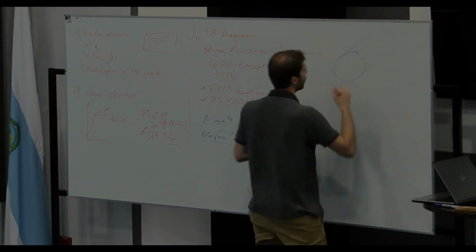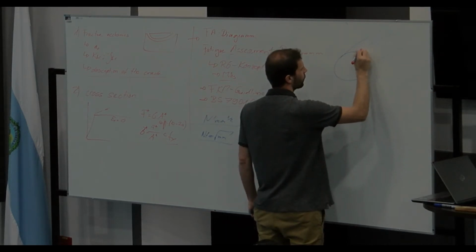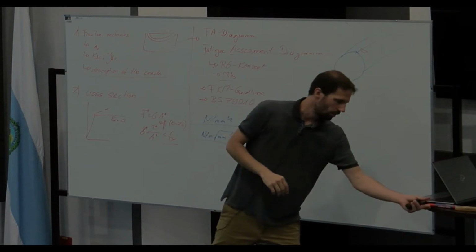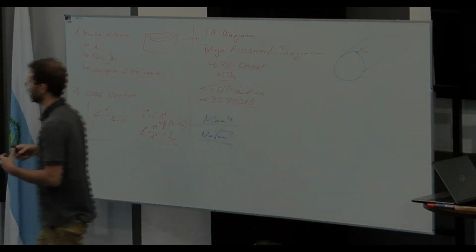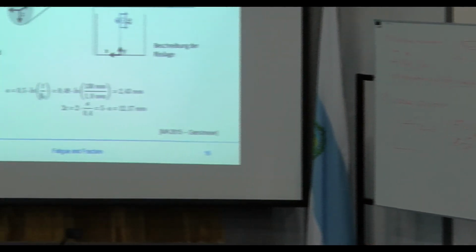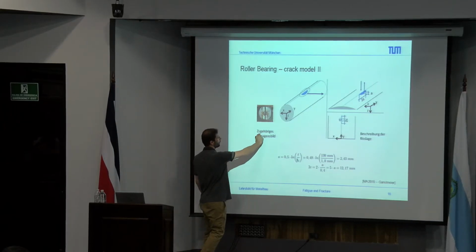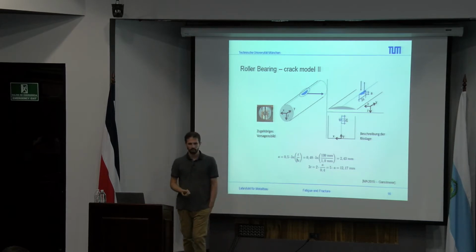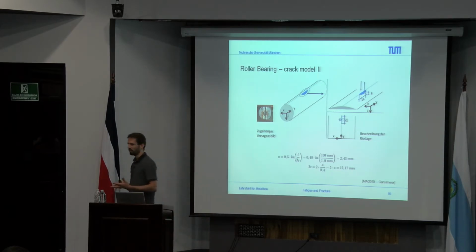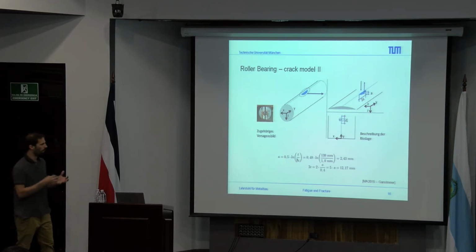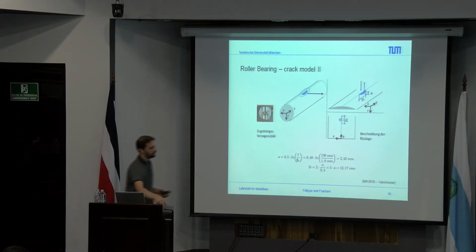as a description of the crack model, which was going like this on our roller bearing system. If you now look at the failing situation, so this is our error, how it looked, the error does not really describe how the roller bearing failed.